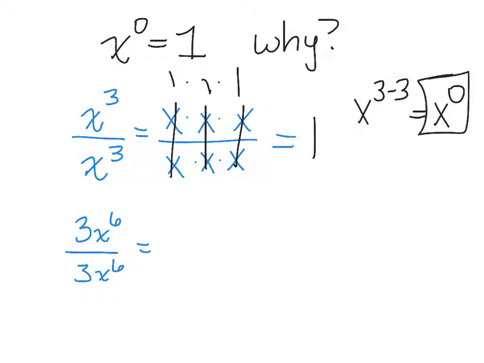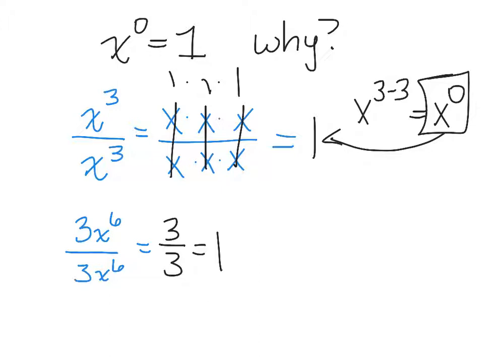Well, x to the 0 simplifies to be a 1 because everything ends up canceling out in a sense, or simplifying down to be a 1. Same thing with the second example I've given you. You have 3 over 3, which simplifies down to be 1.